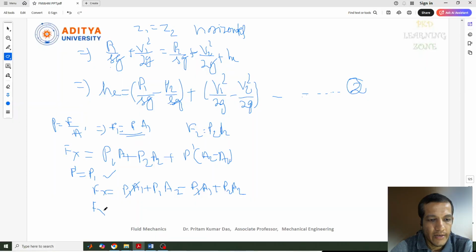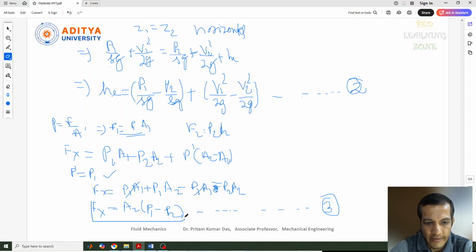We can take A2 common, so Fx equal to A2 into (P1 minus P2). Sorry, this is minus, not plus, that's why I was confusing. We give this as equation 3, which is the value of Fx.